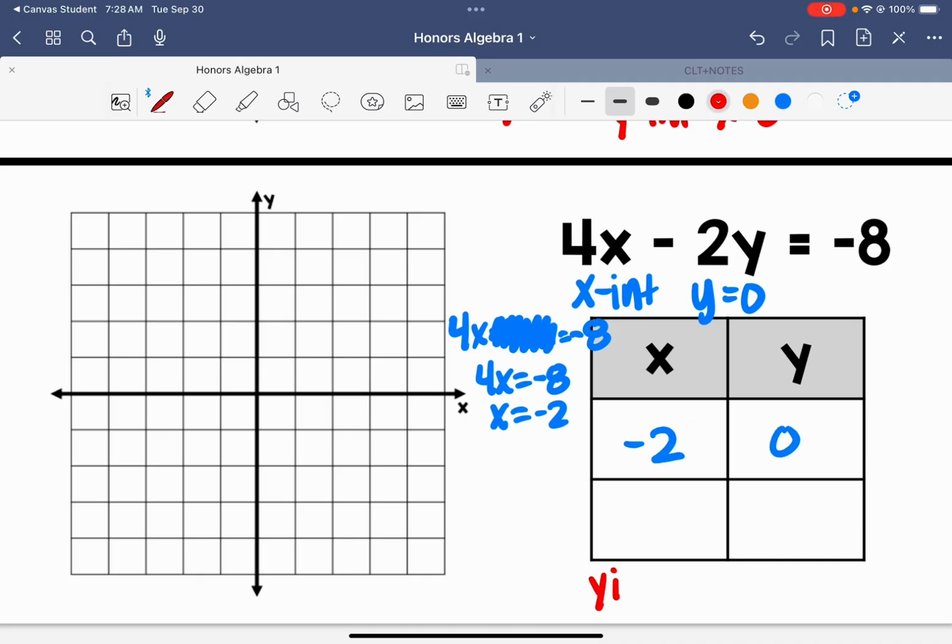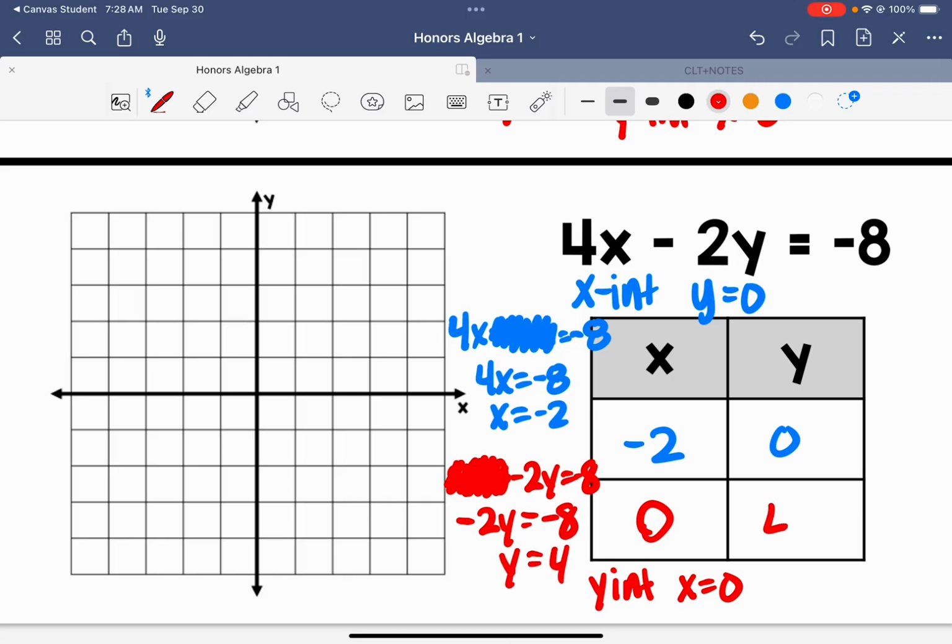For the y-intercept, x has to equal 0. So this is going to be 4 times 0 minus 2y equals negative 8. Get rid of the 0 term. Negative 2y equals negative 8, so y has to equal positive 4. So x is negative 2, and y is a positive 1, 2, 3, 4.